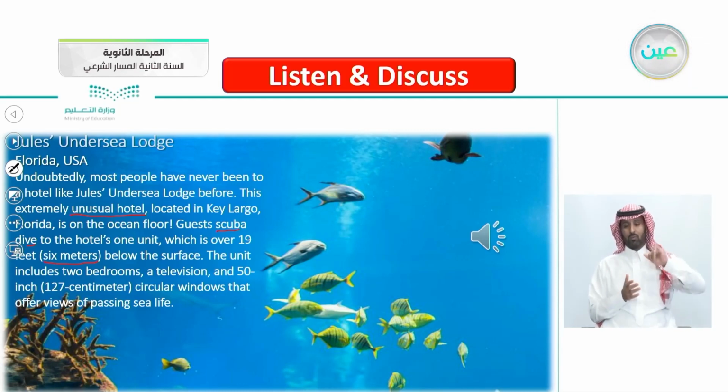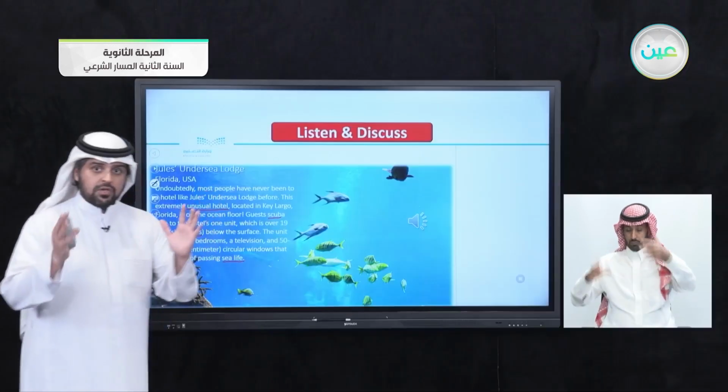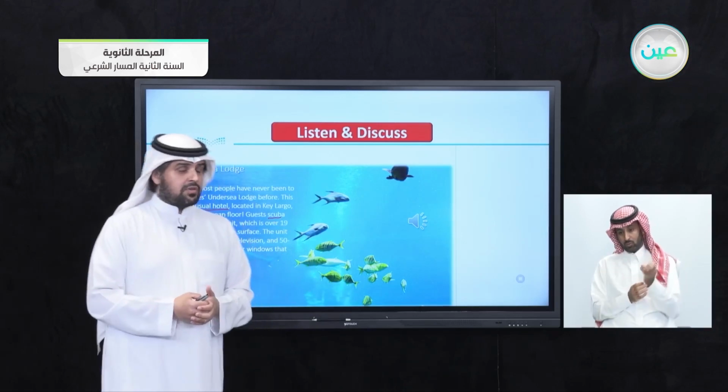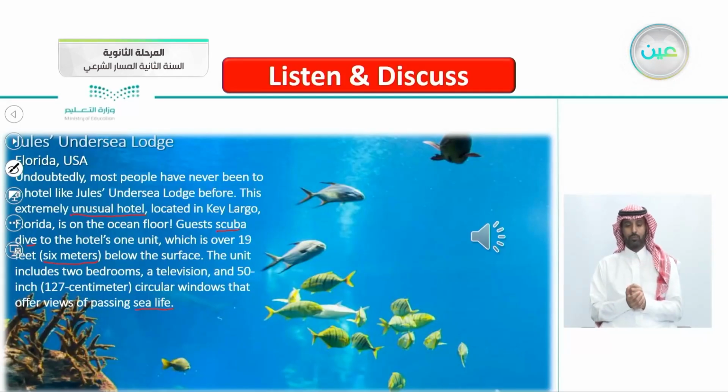The unit includes 2 bedrooms, a television, and 50-inch circular windows that offer views of passing sea life. So through the window, you can see the sea life, the fishes, maybe the whales, why not? So you can see the sea life. Does this hotel interest you?